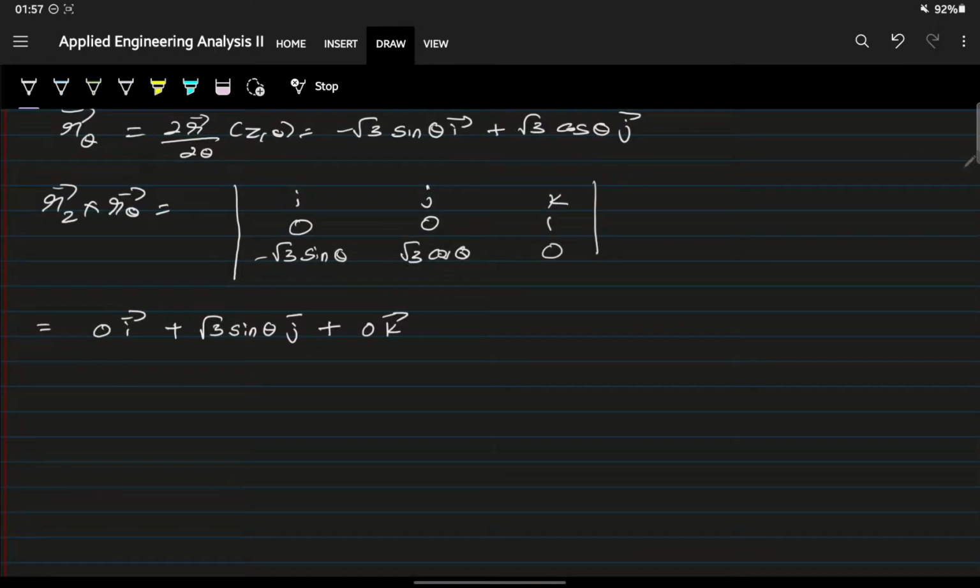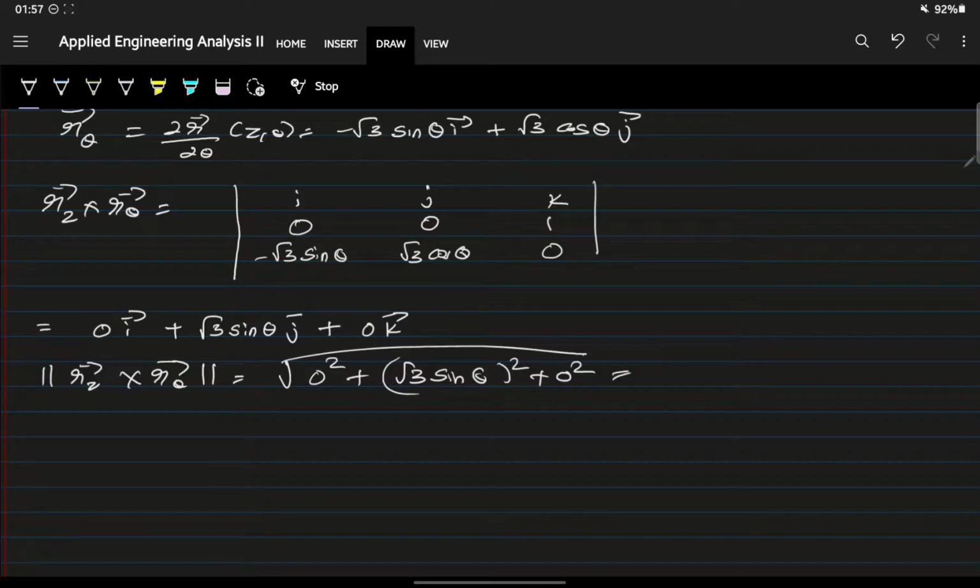Zero. So we have our cross product, and the magnitude of our cross product can be determined by 0 square plus root 3 sine theta. Wait.